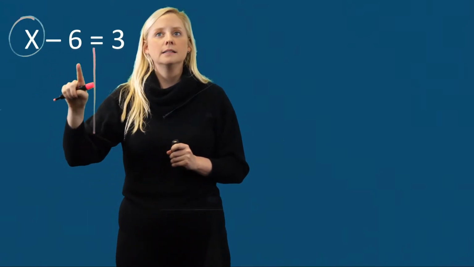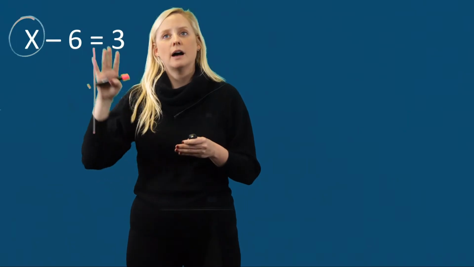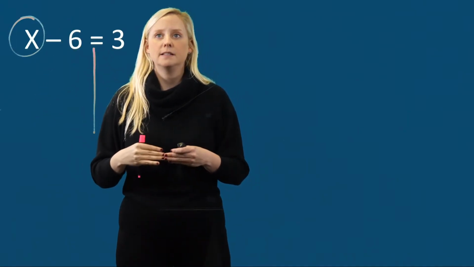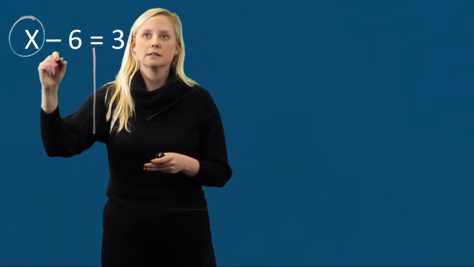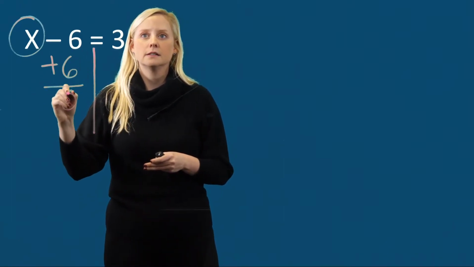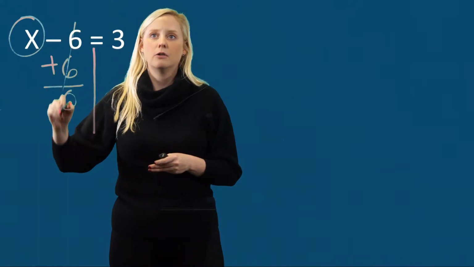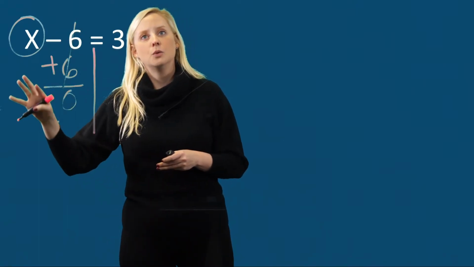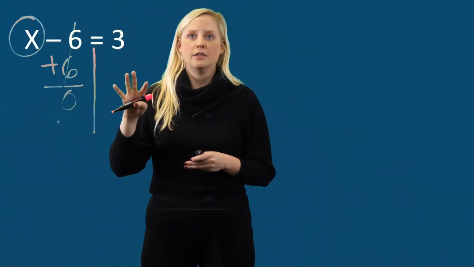If it says minus 6, all we need to do to cross this out is to do the opposite of minus 6, which is plus 6. Minus 6 and plus 6 are going to give us 0. So I can cross that whole thing out. But what I do to one side of the equal sign, I have to do to the other side.